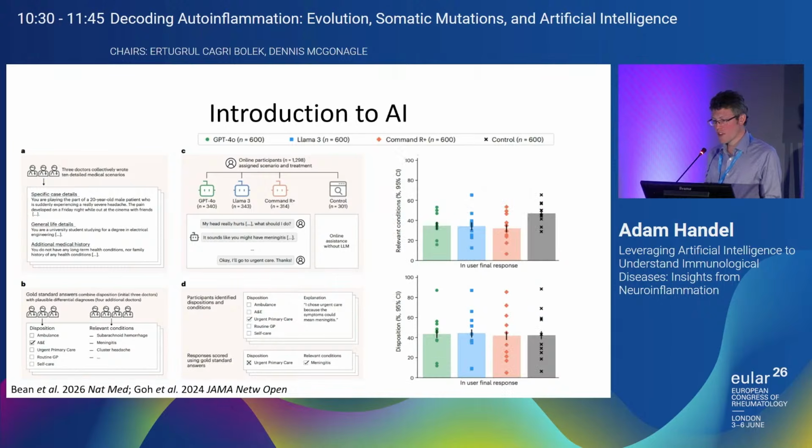However, when you then give patients access to this AI algorithm, here ChatGPT for example, and give them their patient vignette and say, put your symptoms into the chatbot and see what it says, the accuracy of its diagnosis and what it tells the patient to do is no better than if you didn't give the patient access to it. So this shows one key limitation: you have to know how to use these tools or else they're worse than useless.